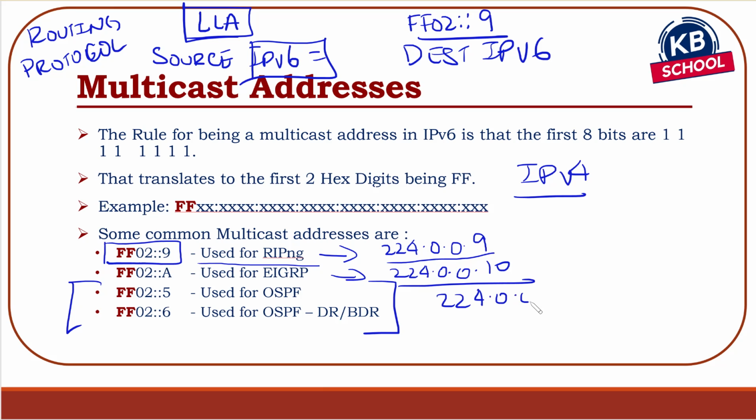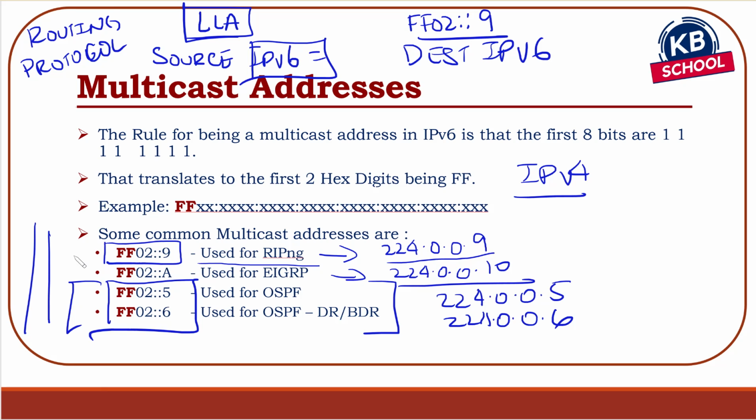Those addresses happen to be 224.0.0.5 and 224.0.0.6. The similar addresses in IPv6 are FF02::5 and FF02::6. Everybody understand that? You guys are okay with this? Hopefully. So this is your multicast address.